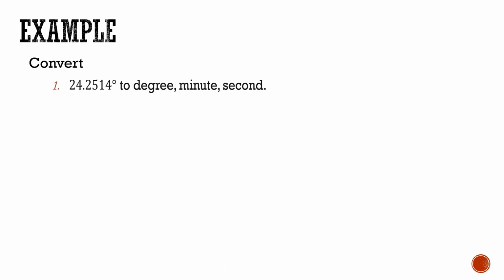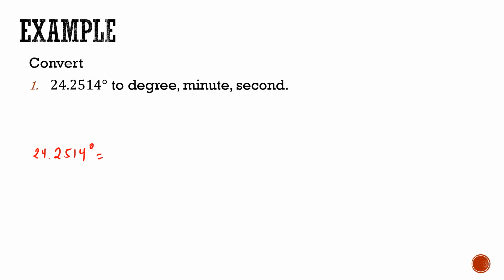Convert 24.2514 degrees to degrees, minutes, and seconds. So we can write this as 24.2514 degrees is equal to 24 degrees plus 0.2514. Then I'll be multiplying it by 60 minutes over 1 degree, because for every 1 degree there will be 60 minutes.